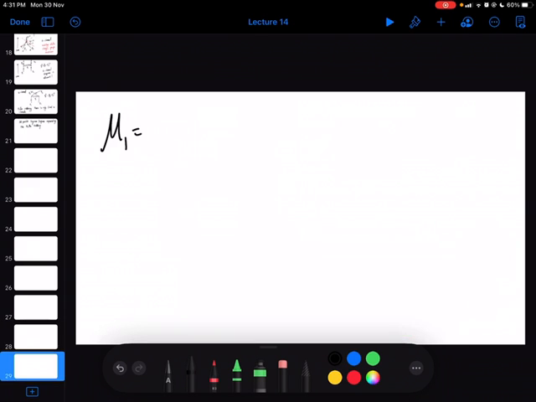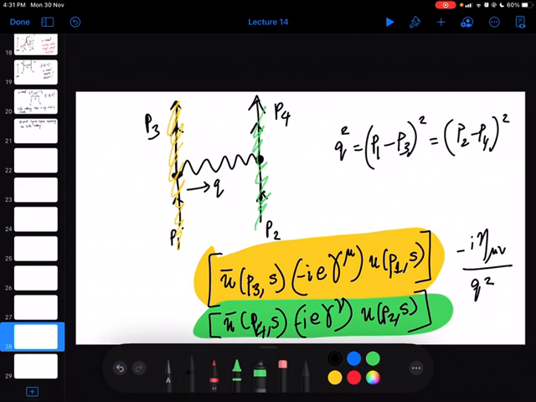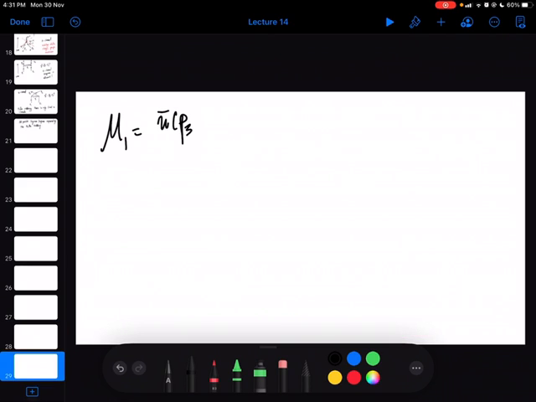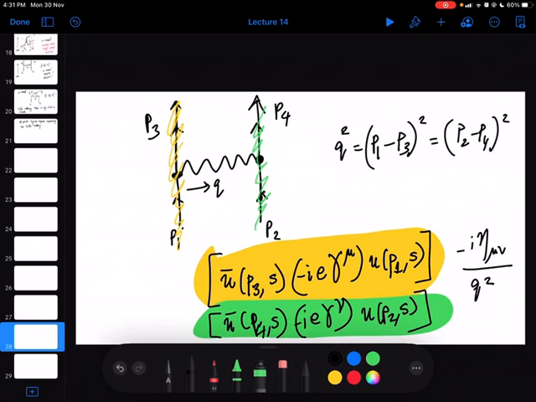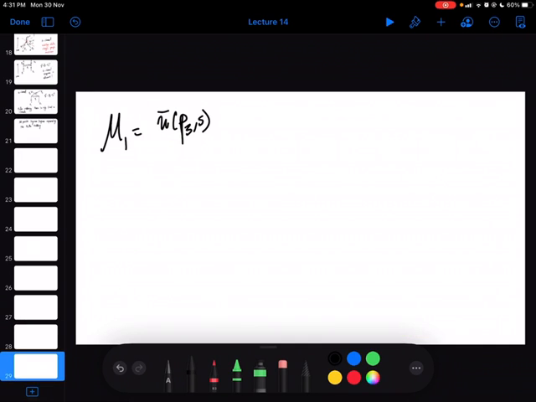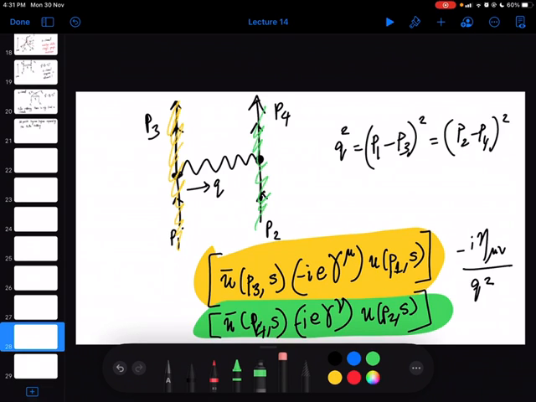So M1, we already got it, is equal to u bar p3 of s. Let me write it down.